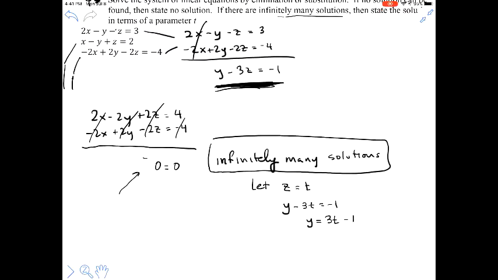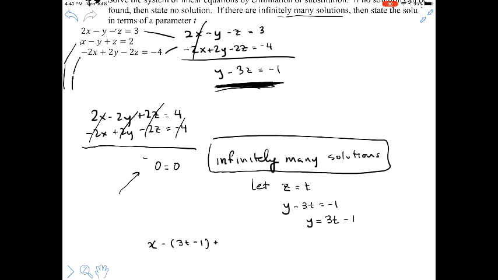And that could come from any of those originals. Which one are we thinking? The second one? Yeah, there's no coefficient of x. That might make it pretty easy. So if we take the second equation, x minus y, and in place of y, I made the substitution 3t minus 1.